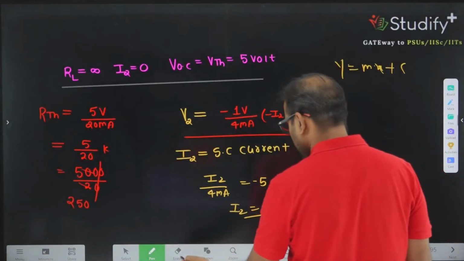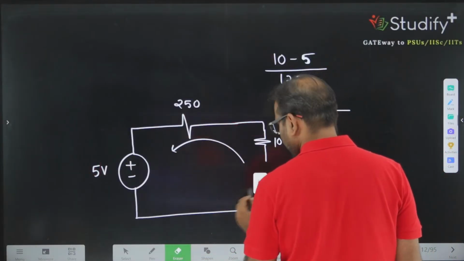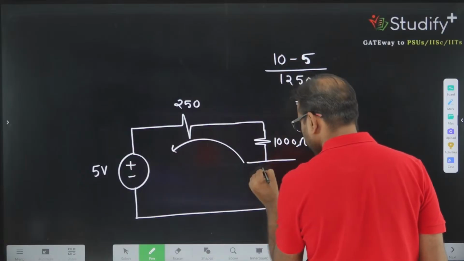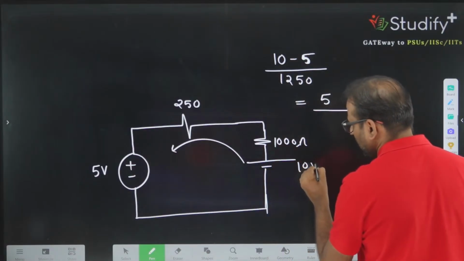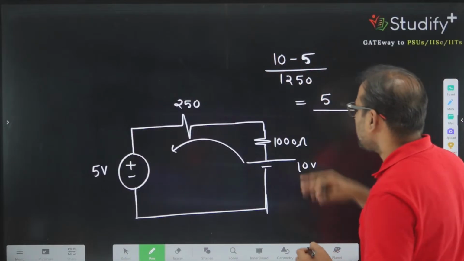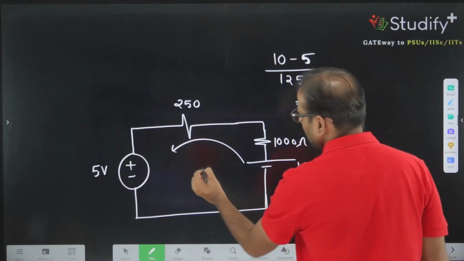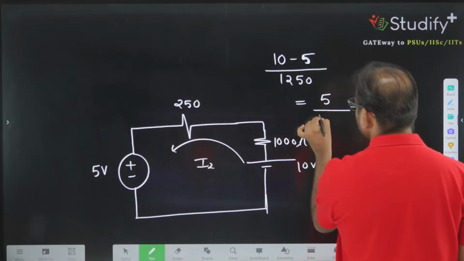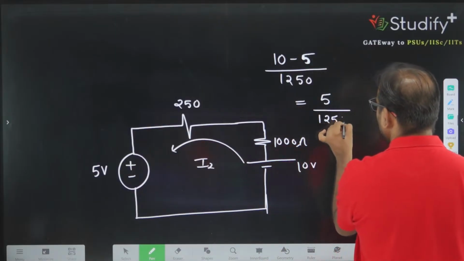This value is 10 volt. So higher potential to lower potential divided by resistance is equivalent to current I2. And in this the resistance is 1250.